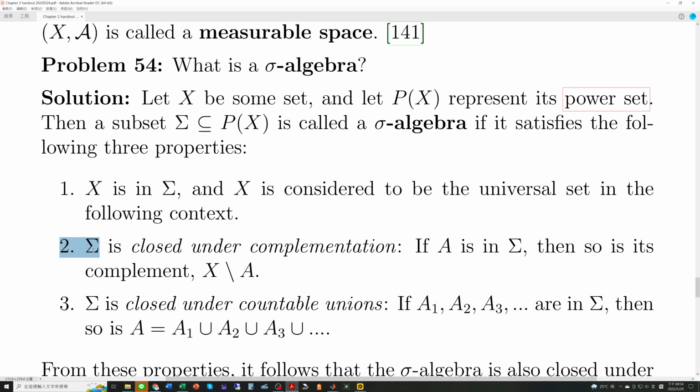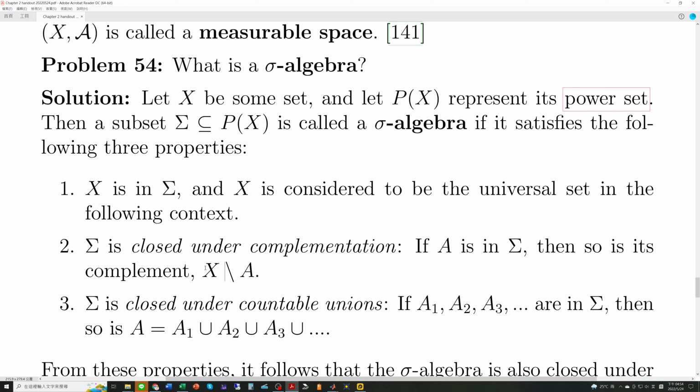Second, Σ is closed under complementation. If A is in Σ, then so is its complement, X minus A. This backslash denotes the set minus.